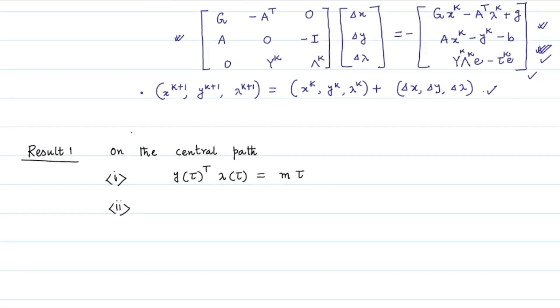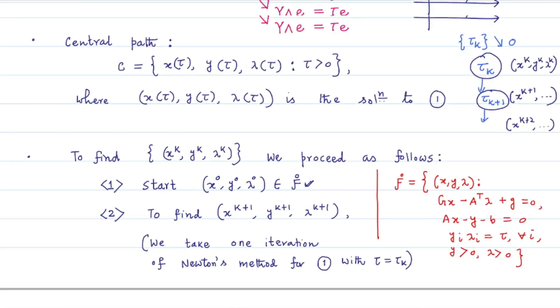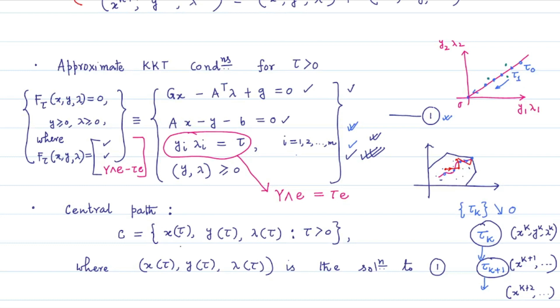on the central path, we certainly have y tau transpose lambda tau equal to m times tau. This is very trivial because you look at the definition of the central path. In the definition of the central path, we have x tau, y tau, lambda tau as a solution to this system 1.